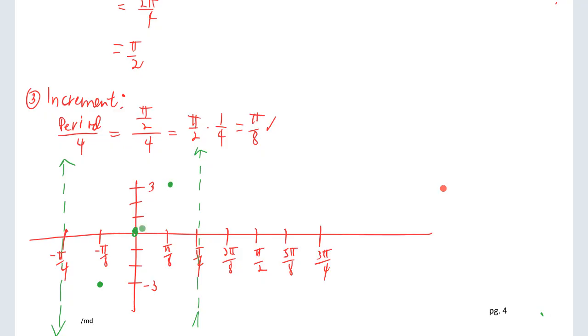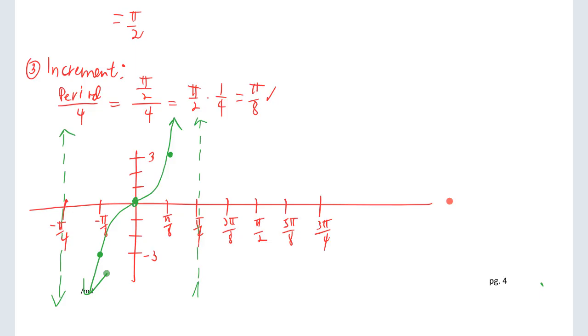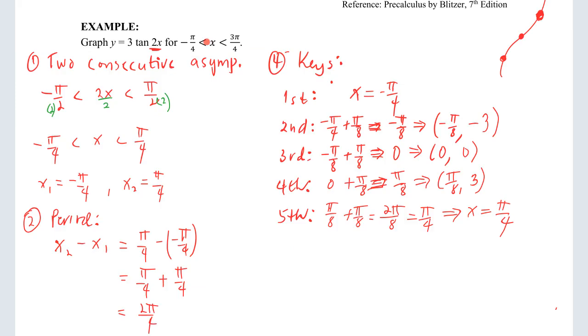Okay, now connect those points, making sure that we are drawing exactly the same shape as a tangent function. I already know the pattern of the behavior of this function, so I'm just going to continue it to the right, since according to the problem we wanted to graph this from negative pi over 4 until 3 pi over 4.